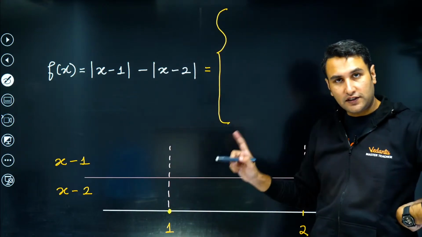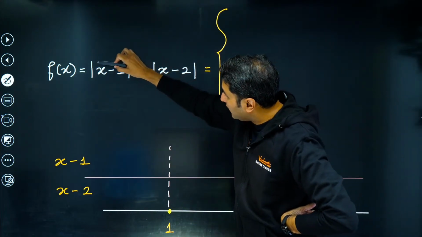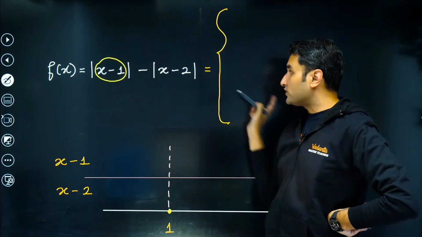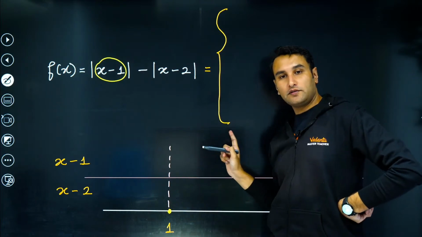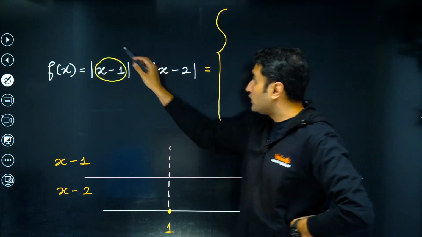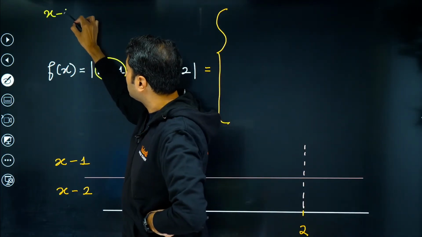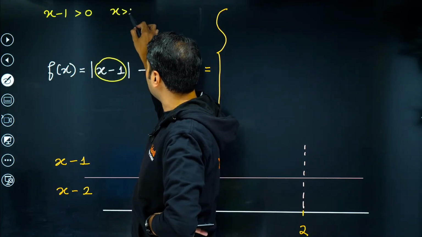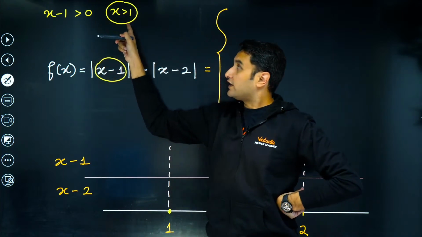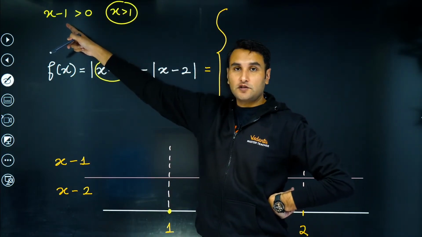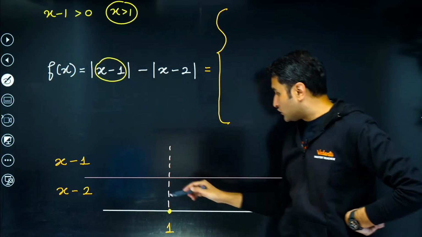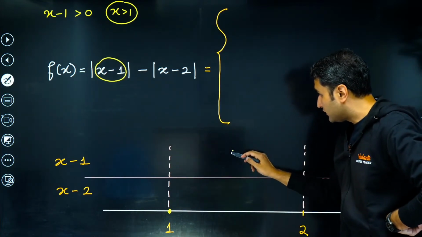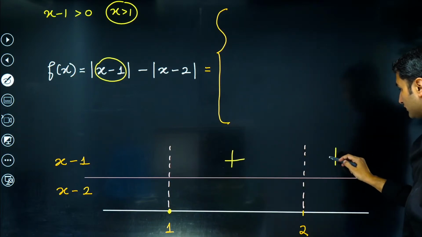Now what I am going to see, that x minus 1, what is written inside? It is positive towards the right hand side of 1. Agree? So x minus 1 is positive for x greater than 1. When x is greater than 1, x minus 1 is positive. So towards the right hand side of 1, x minus 1 is positive everywhere.